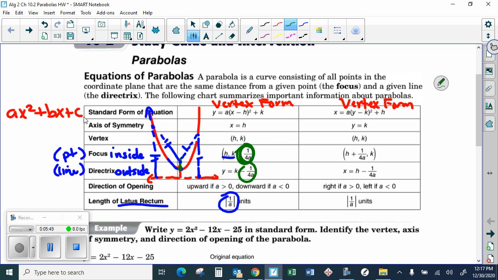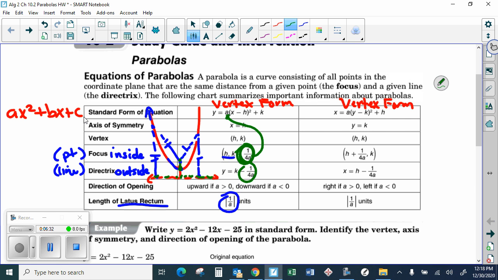Remember, here's this a right there. 1 over 4a, I would add to the y coordinate, and that's going to give me the focus. I subtract the 1 over 4a, and that gives me a point on the y coordinate of the directrix. The y's are all the same along here. Whatever that value is, that's the equation. y equals that y value. So we're adding in focus and directrix now and understanding their definition as well and how you come up with them right there.